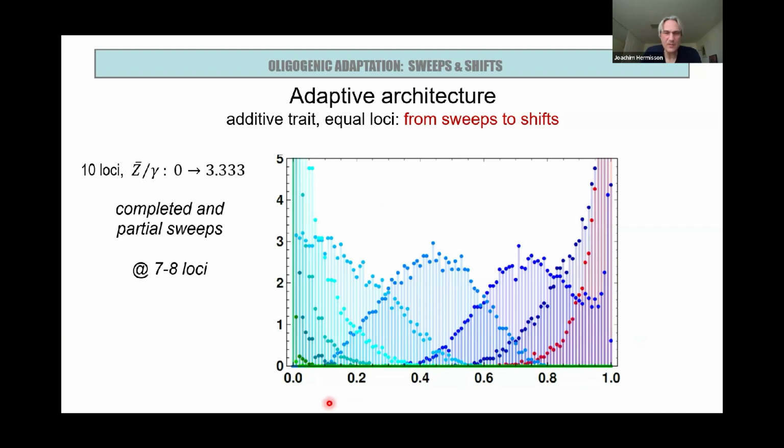What does this mean, for example? Take this red distribution. This is a major locus, the locus that contributed the most to the allele frequency changes here. And we want to record how much it contributes across replicates.